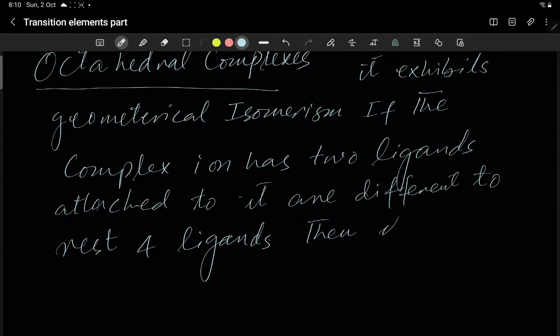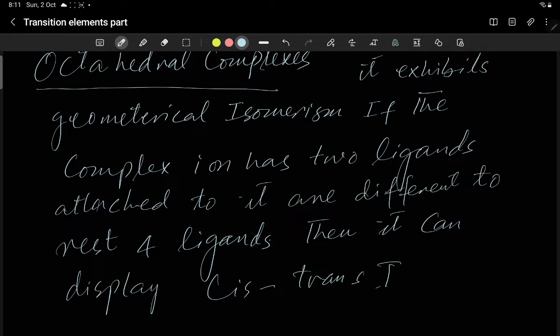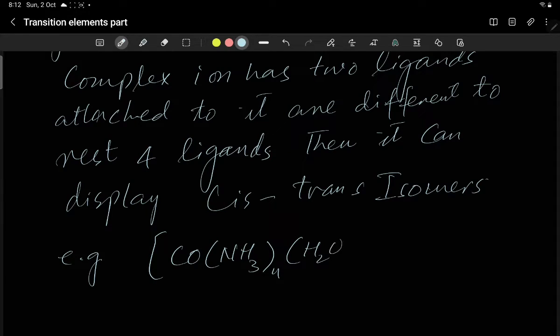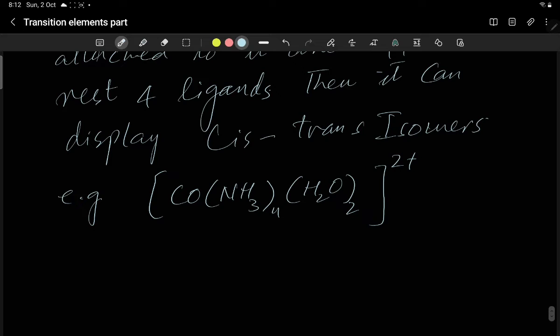Then it can display cis-trans isomers. In this molecule, the two water ligands are next door to each other in the cis isomer and are opposite each other in the trans isomers.